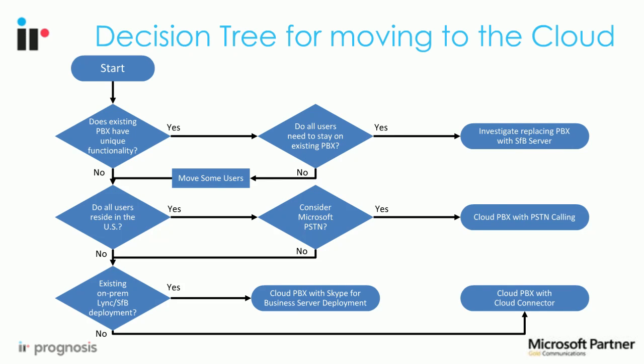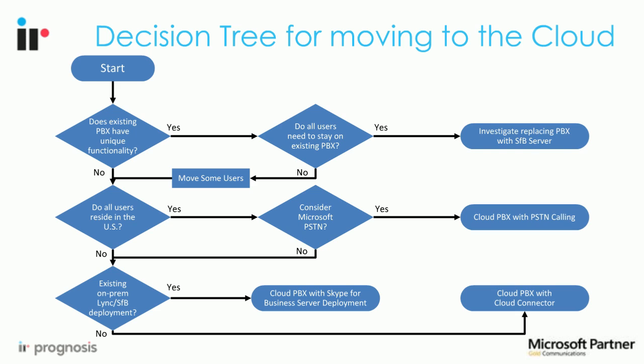At the beginning of this flow chart, the first box asks: do you have an existing PBX and do you have unique functionality? We have to also understand what the Cloud PBX provides us today, but there are certain PBXs that have unique functionalities, and that may be very unique to that specific vendor.